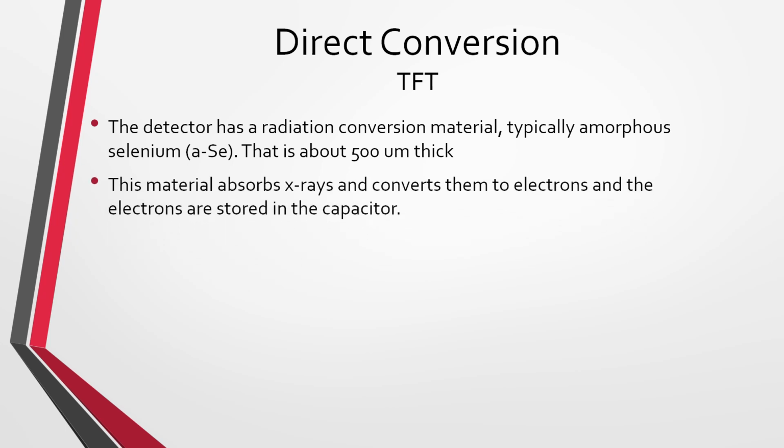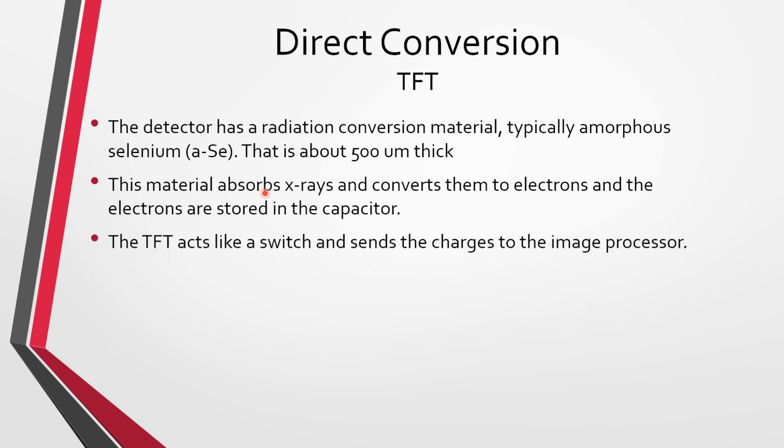This material absorbs X-rays and converts them to electrons, and the electrons are stored in the capacitor. Okay, so in direct conversion, as we learned, the X-rays directly become a signal. It doesn't have the light step like indirect. And the TFTs in the diodes act like a switch, and it sends the charges to the image processor.